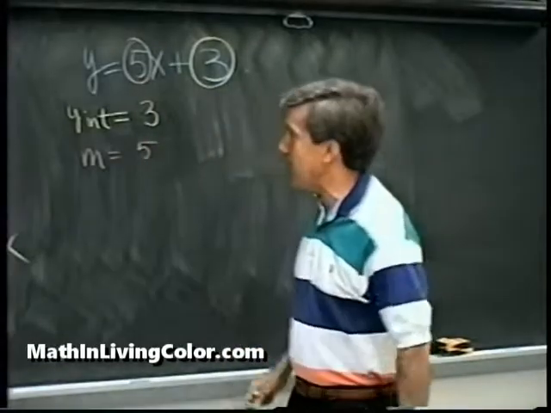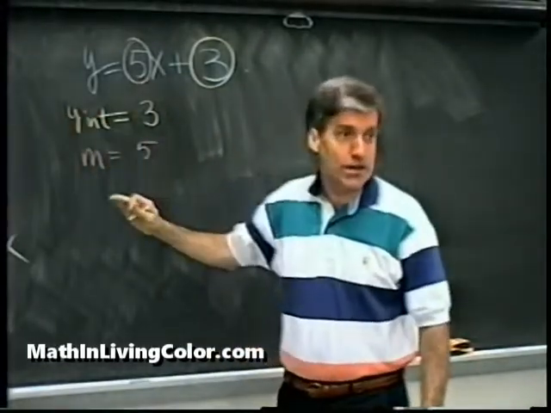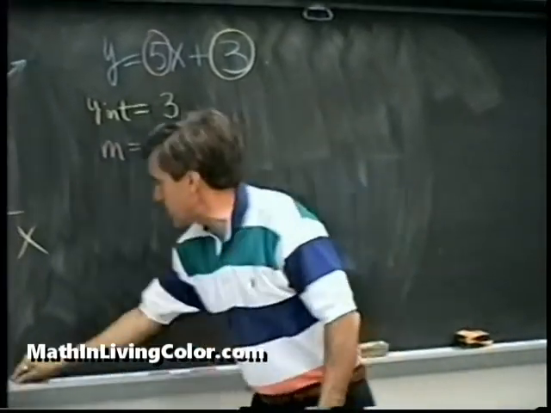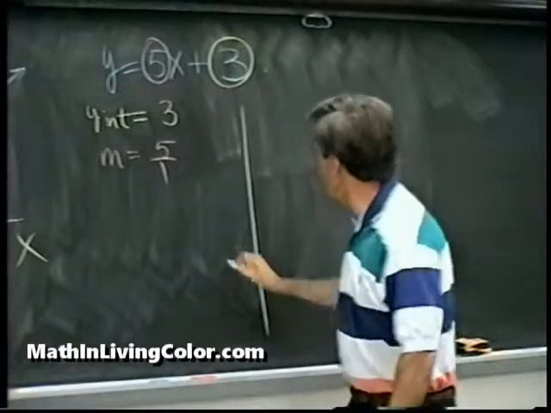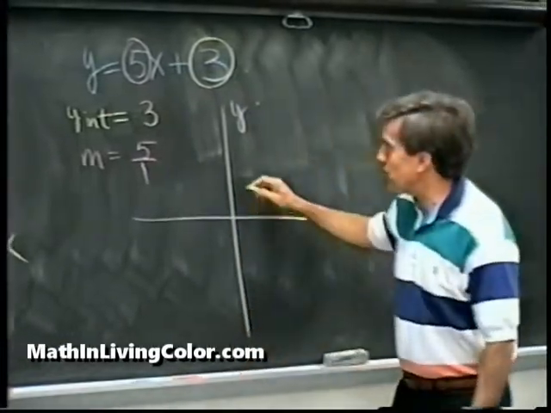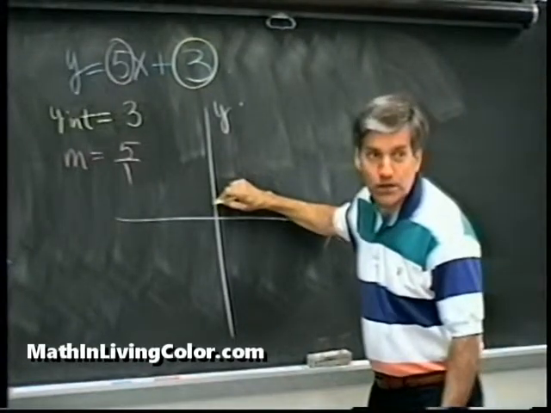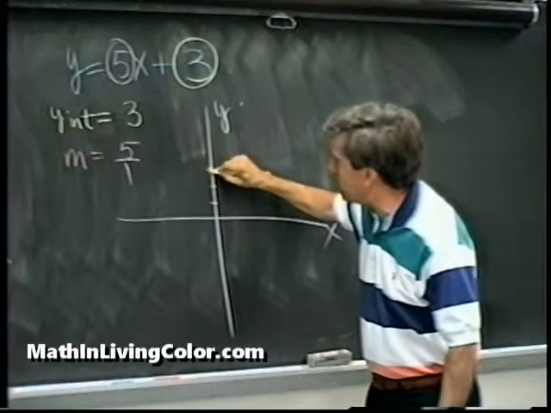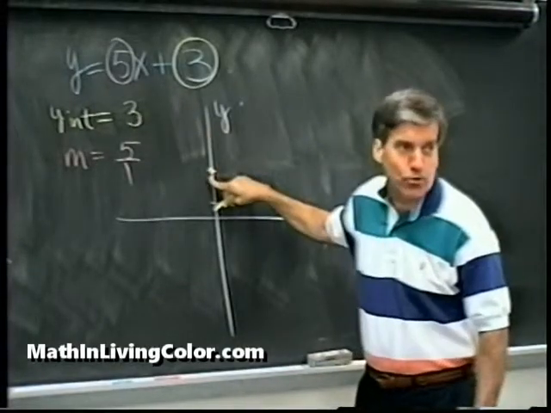Now, what is 5 if you're going to talk about a rise and a run? 5 over 1. Okay? Now, can we use this to draw the graph? Start with the y-intercept, which is what? Up 3. 1, 2, 3. And that's the starting point. The y-intercept is the starting point.